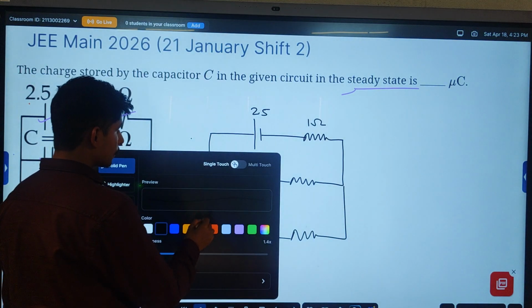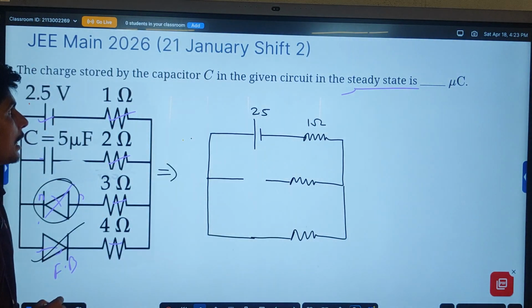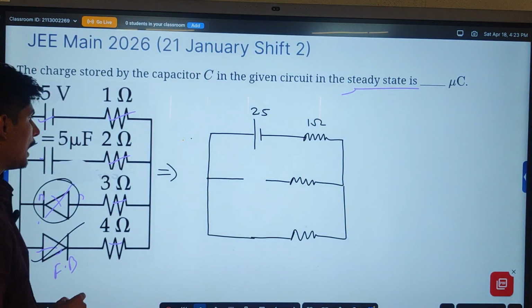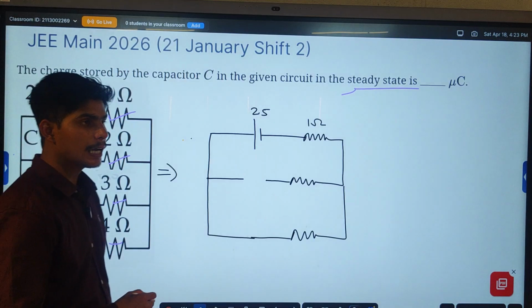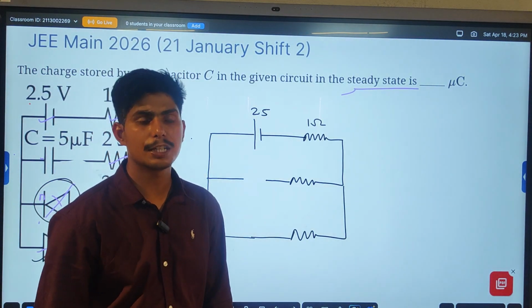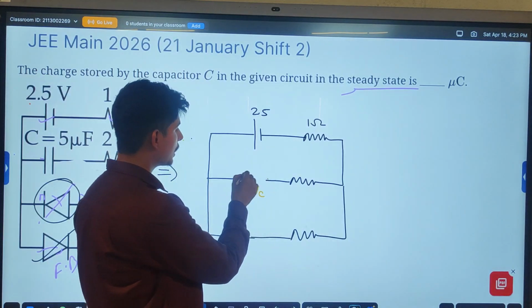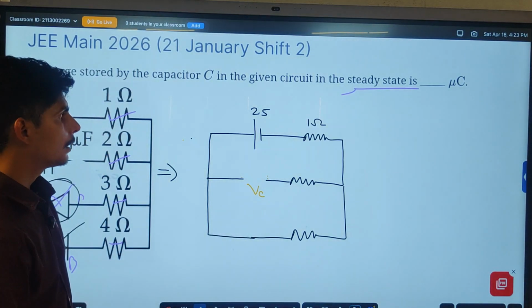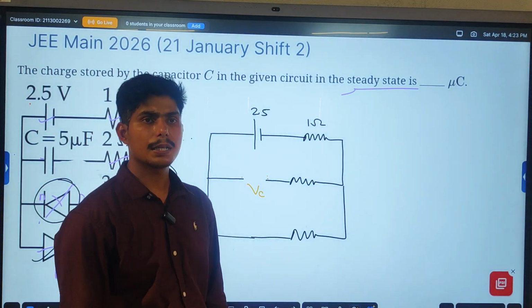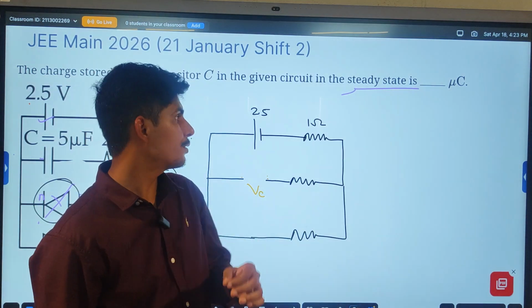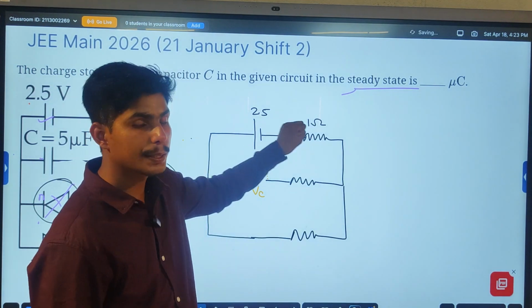We have to calculate the charge on the capacitor. So the charge is Q equals C times V, capacitance into potential. So we have to find the potential across this capacitor. For that, we have to find the current through this battery.